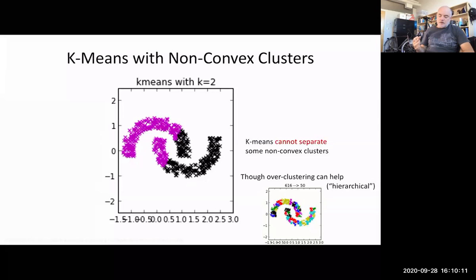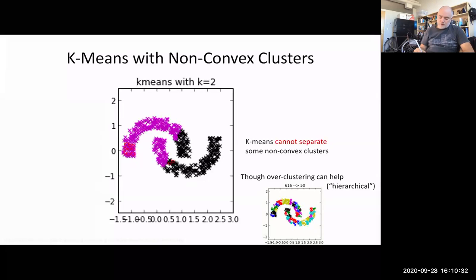Just as a side note, something that you can do to address this density problem is use k-means or something like that, but with a very large number of k, basically, right?